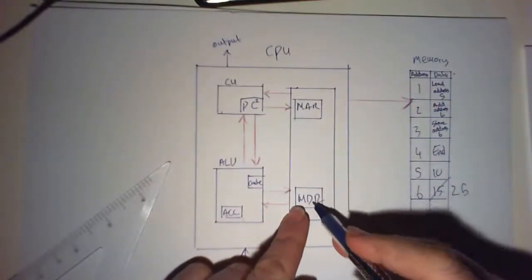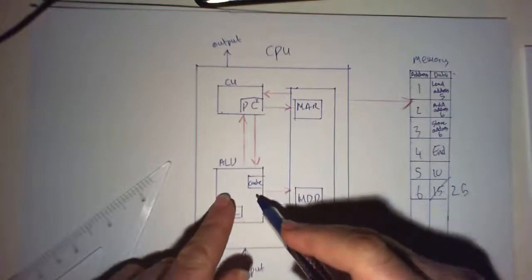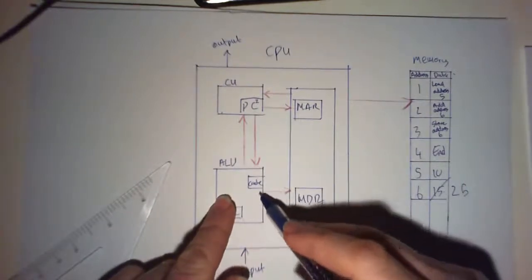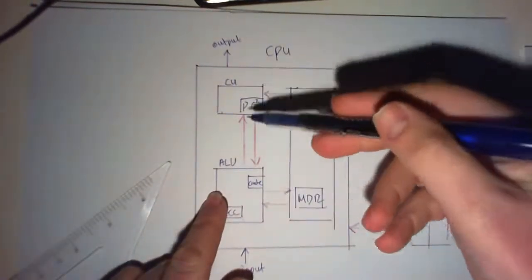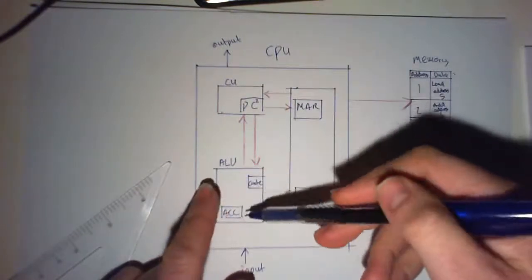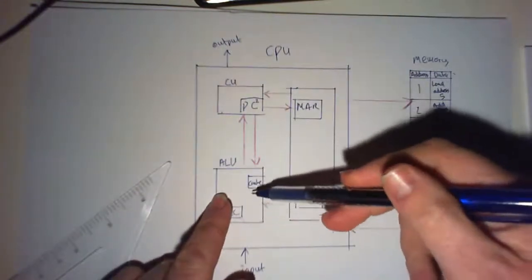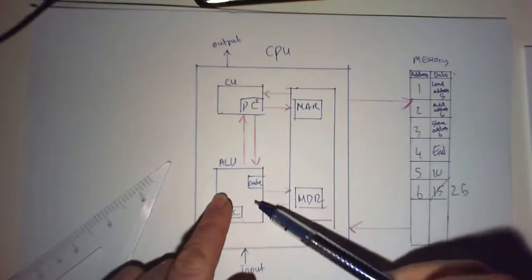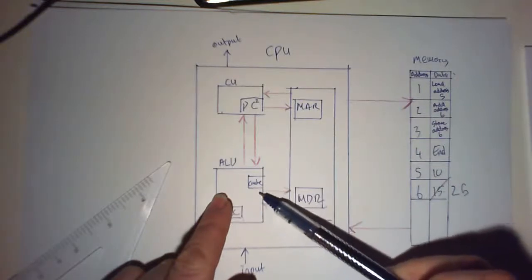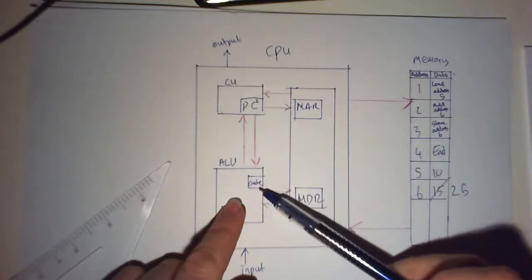So in here we have load address 5. It comes into the CPU, and the control unit decides, does it need to be added, subtracted, multiplied, divided, or is there another instruction in there? And there is another instruction. There's a fetch instruction. It says load address 5.